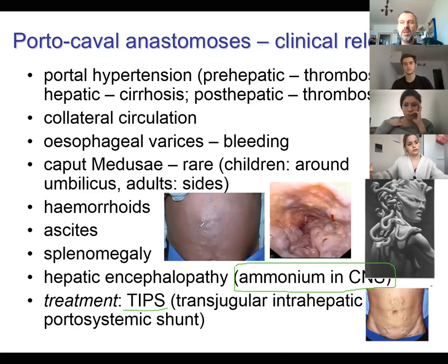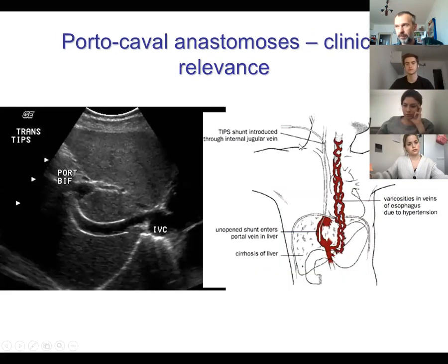abdominal cavity. TIPS is transjugular intrahepatic portosystemic shunt. What does it mean? It means you use a catheter and go transjugular into the internal jugular vein, brachiocephalic, superior vena cava, right atrium, inferior vena cava, intrahepatic, you get into the liver, you drill a canal between the portal and caval circulation, portosystemic, systemic means caval, shunt, as it's a newly performed shunt.